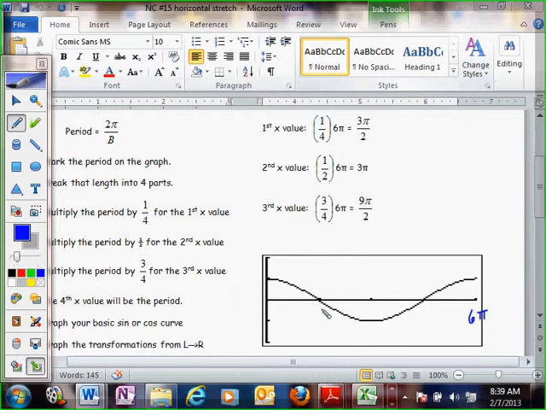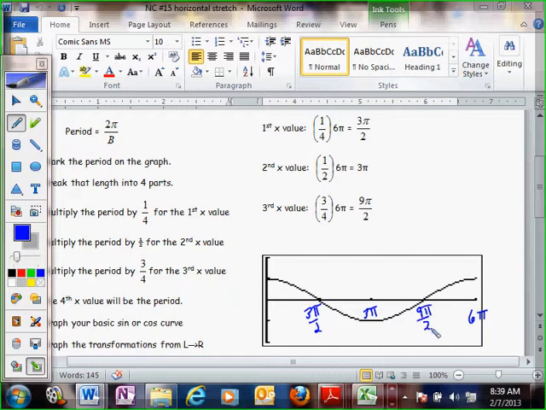So I find the first value by multiplying 6 pi by 1/4, and I get 3 pi halves. So this value is 3 pi halves. I get the middle value by multiplying the period 6 pi by 1/2, and I get 3 pi. And I get the third value by multiplying the period by 3/4, and I get 9 pi over 2.